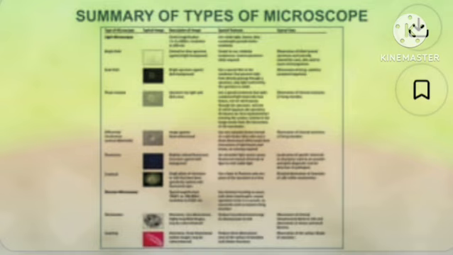So in the summary of types of microscopes there are many types, with descriptions of images, typical images, and special features also.